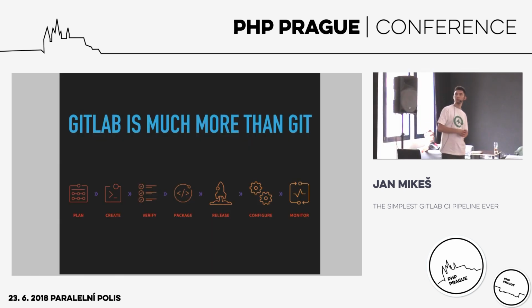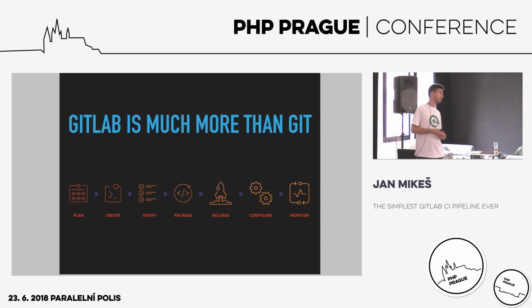I would like to compare GitHub and GitLab just a little, because for a lot of people, GitHub or GitLab or any Bitbucket, for example, are just storage of their Git repositories, but GitLab is much more. It's a combination with this CI platform.